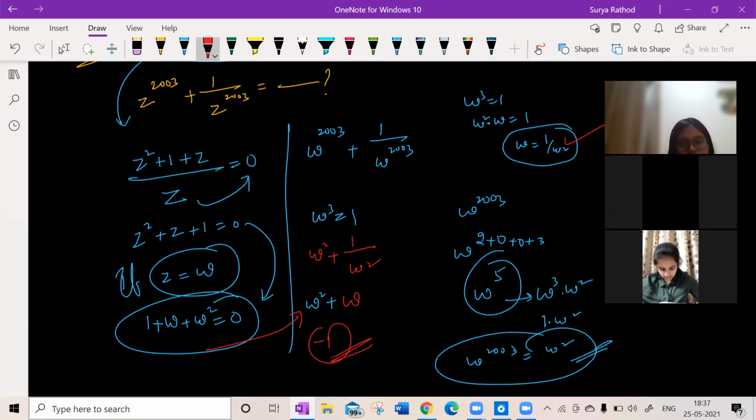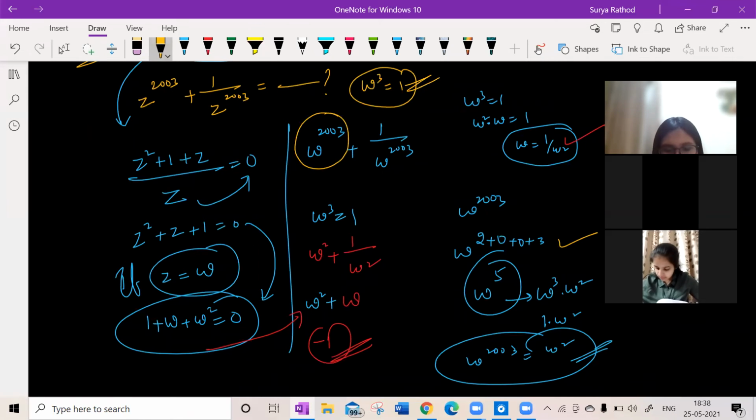Sir, how did we get omega to the power of 2 plus 0 plus 0 plus 3? Very good question. I'm just telling you the shortcut to find omega to the power of 2003. Since I know that omega cube is equal to 1, I know this standard form.